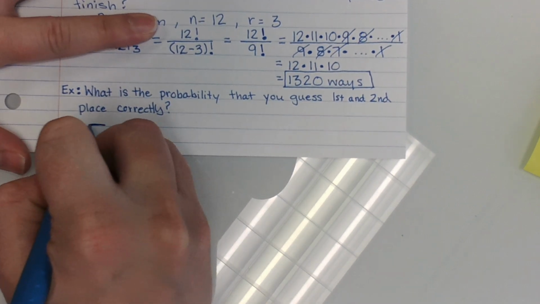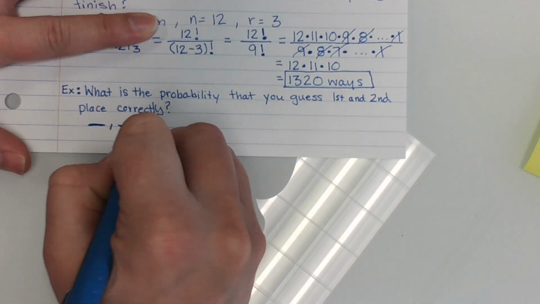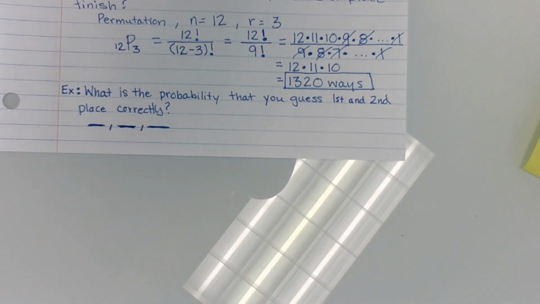We're filling in a first place position, a second place position, and a third place position with this problem. Now, we're looking for the probability that you guess first and second place correctly. To figure this out, I need to figure out how many different ways that I could have correctly guessed first and second place and still had a third place winner.